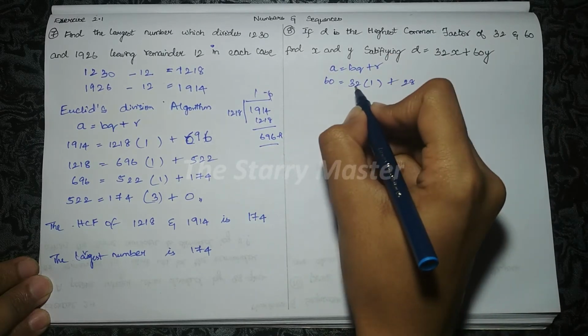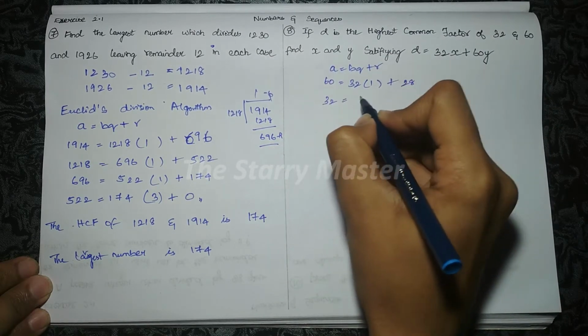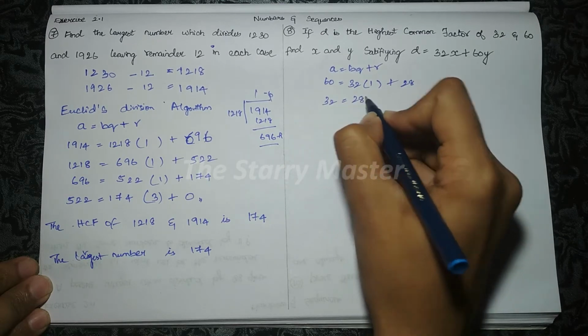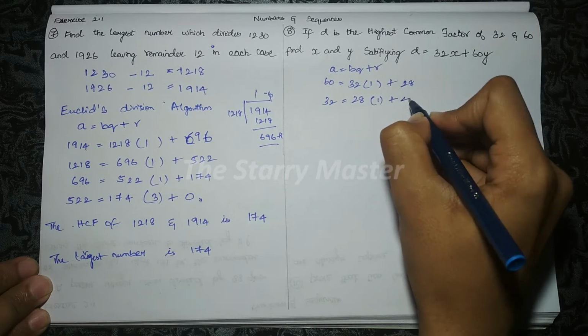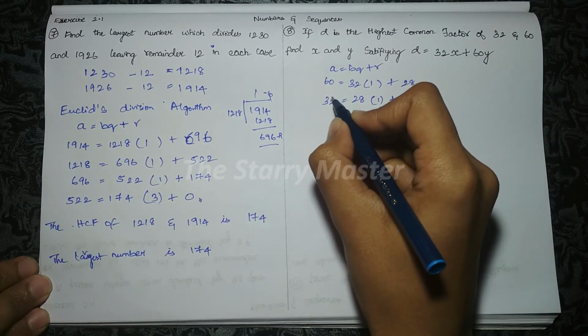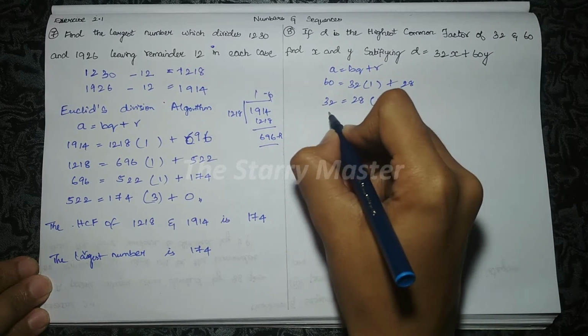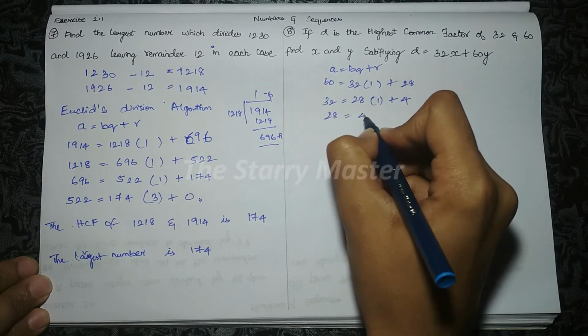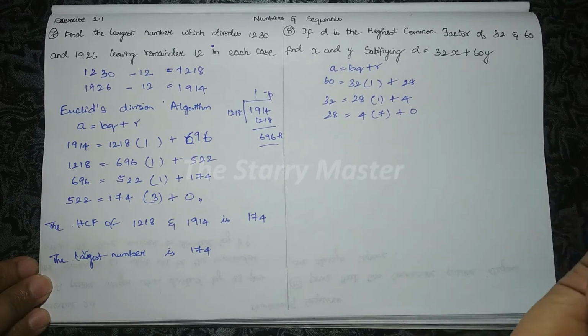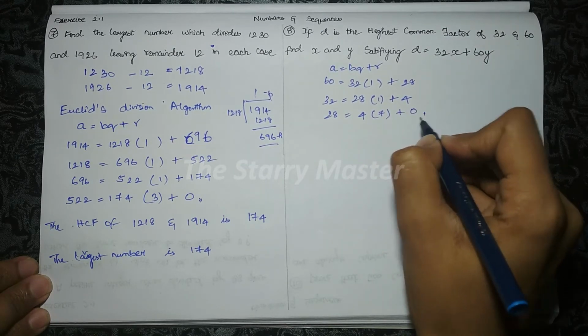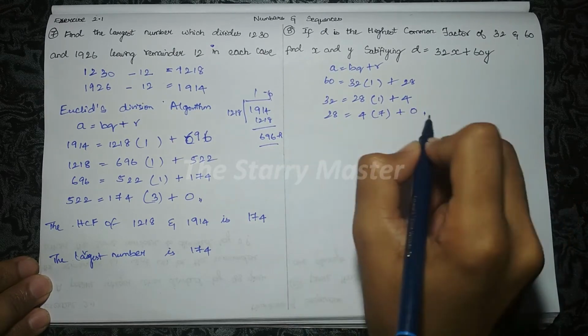Then we take 32 here and 28 here. 28 ones are 28 plus 4, we get 32. Then we take 28 and 4. 4 sevens are 28, so the remainder is 0. We stop here, since we stop when we get remainder 0.